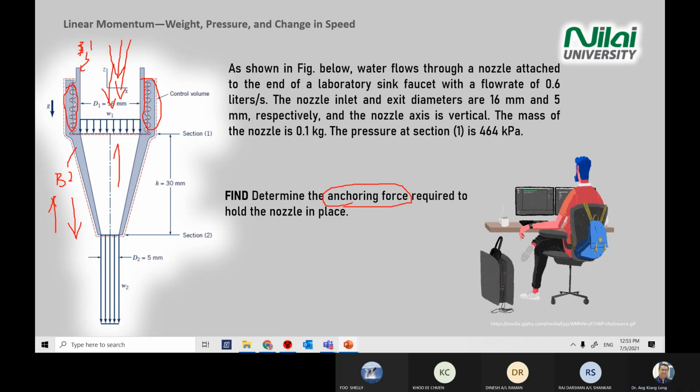That's why your FA is pointing up. Do you see the logic? Cool, do you see why FA now is pointing up? Yes. Okay, make sure you understand. Okay, good.